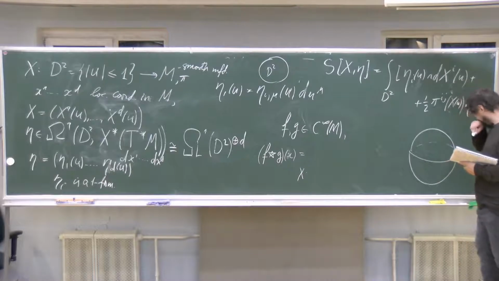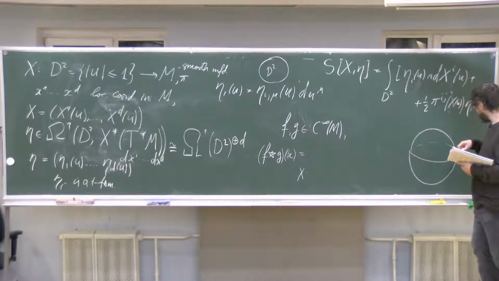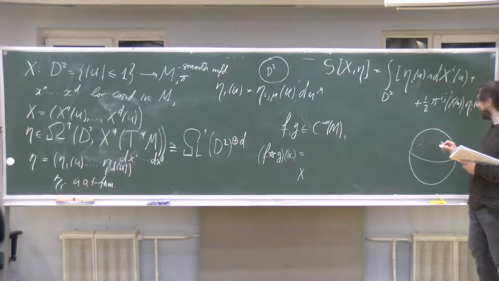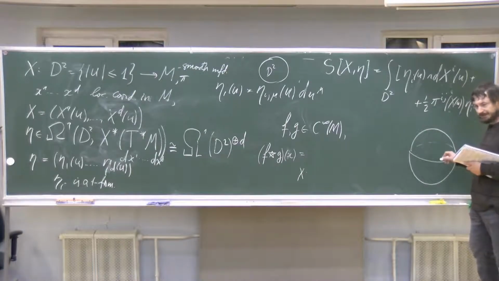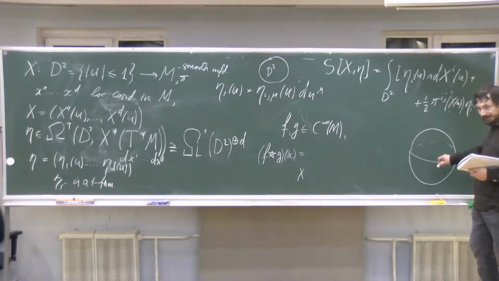So it depends on how you define this. You can do the following trick. There are two ways you can look at this. You can either identify the disk with the upper half sphere of the Riemannian sphere, right? You can use, for instance, stereographic projection to get this identification.